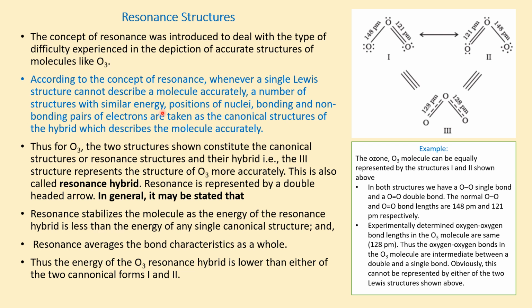There is no such equilibrium between the canonical forms as we have between tautomeric forms like keto and enol in tautomerism. The molecule as such has a single structure which is the resonance hybrid of canonical forms and which cannot as such be depicted by a single Lewis structure.